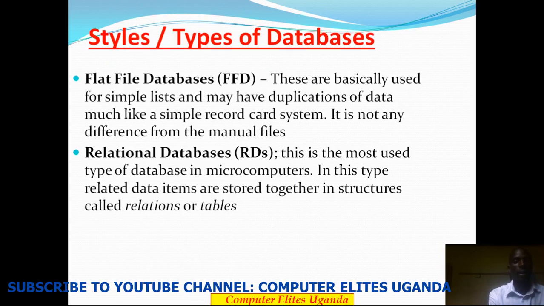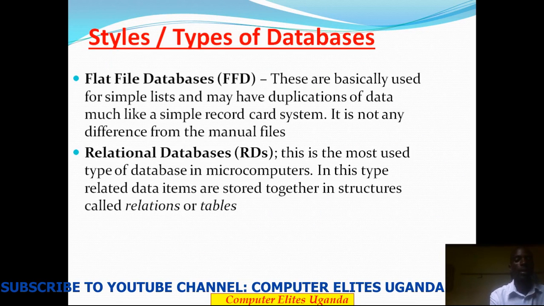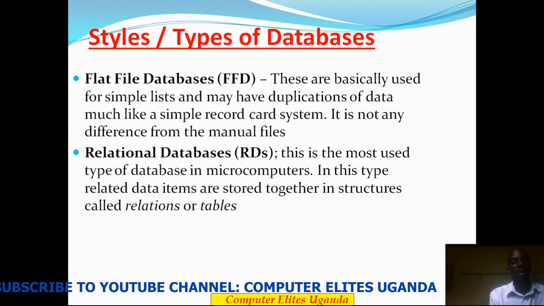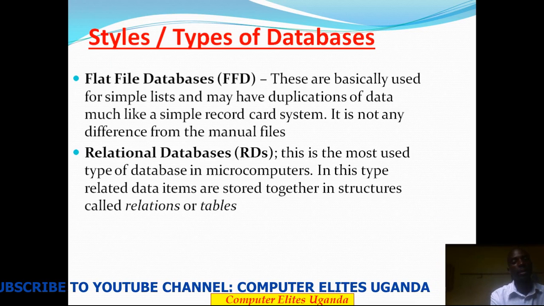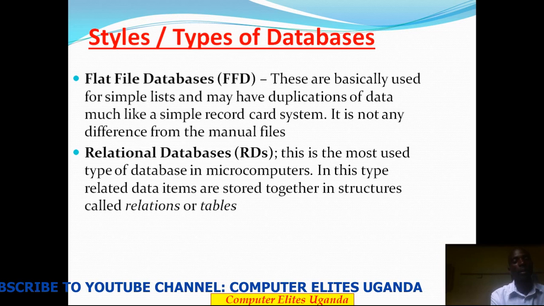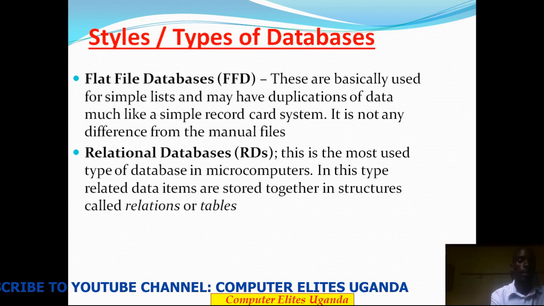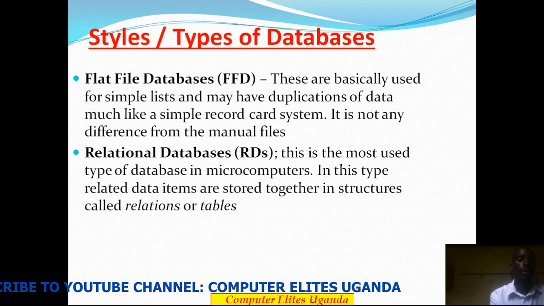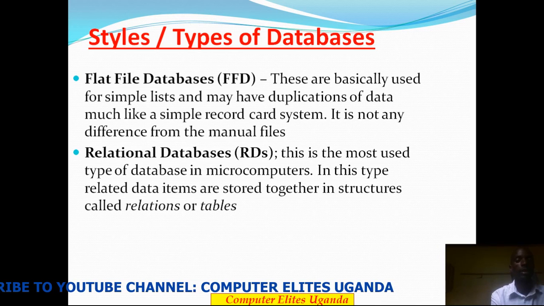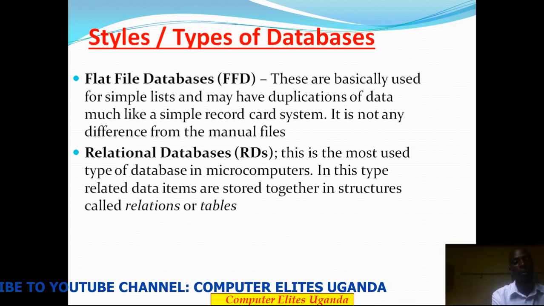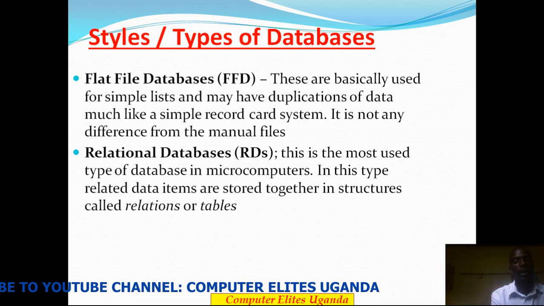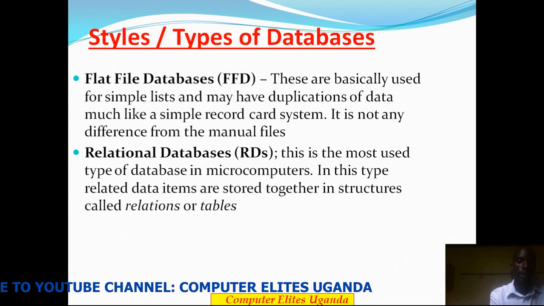Now, let us look at the types of database. When you look at these types, we have the flat file database, that is FFD. These are basically used for simple lists and may have duplication of data, much like a simple record card system.